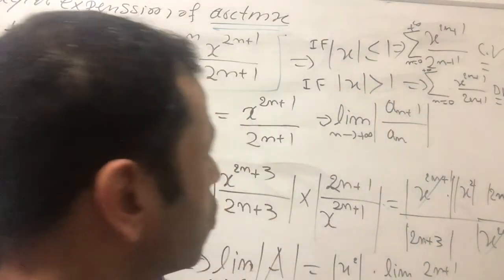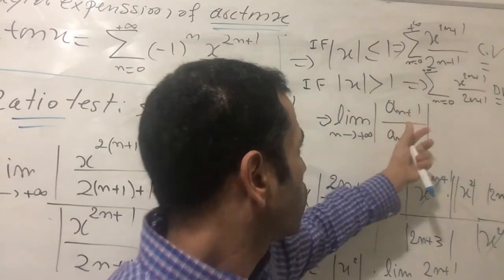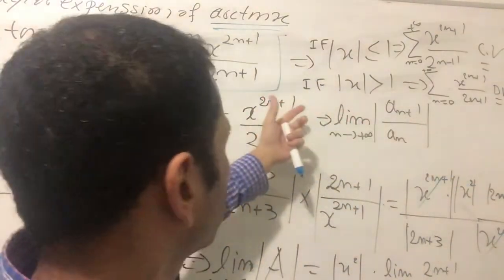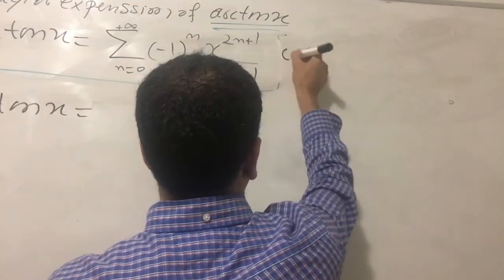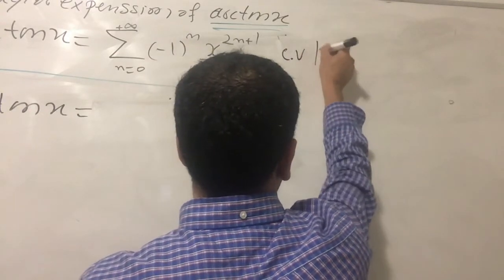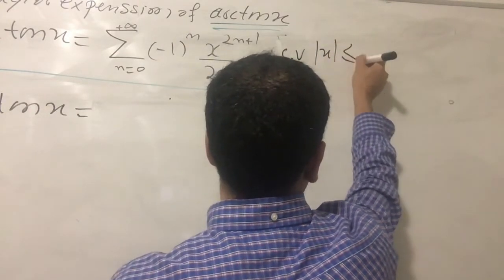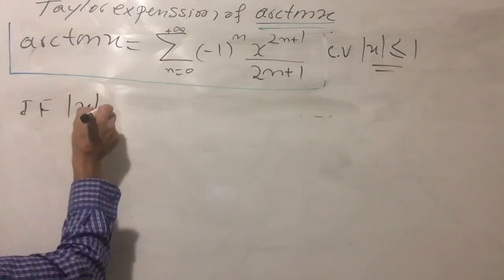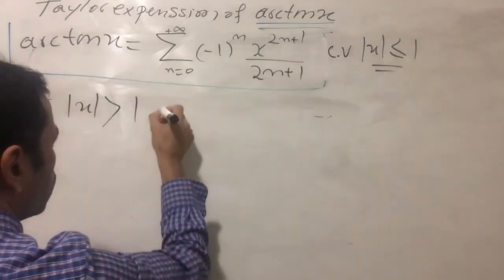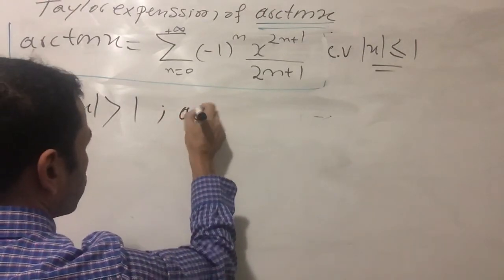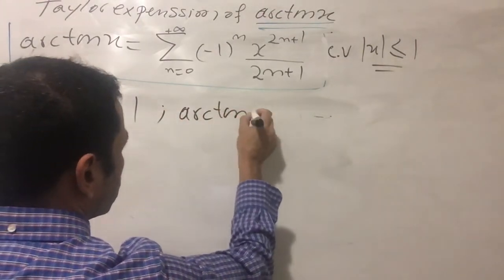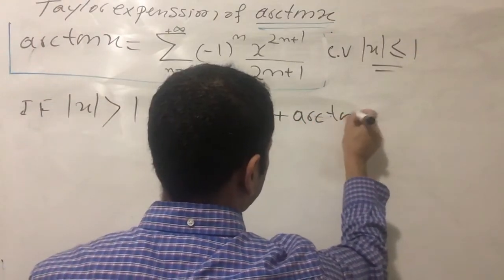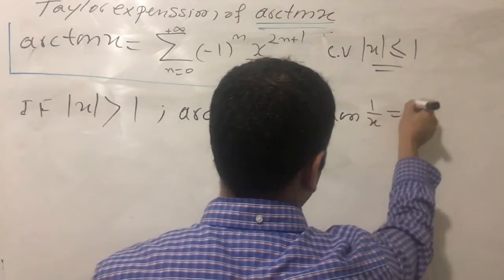So in order to have this one converge, it converges if the absolute value of x is less than or equal to 1. Now, if the absolute value of x is greater than 1, we also know this formula: arctangent of x plus arctangent of 1 over x equal to pi over 2.